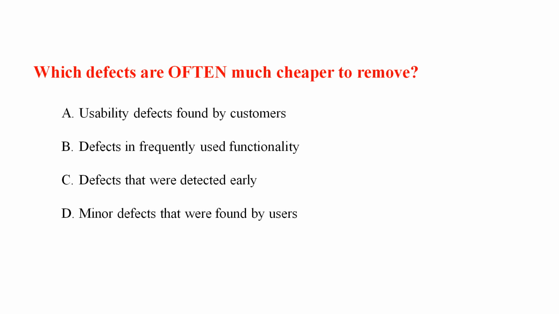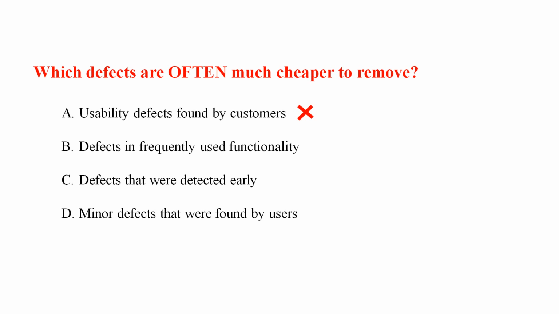Usability defects found by customers is very expensive, because found by customers means in the last stage of the software development lifecycle. If you are finding and removing defects in the last stage rather than the early stage, obviously it will be very, very expensive.